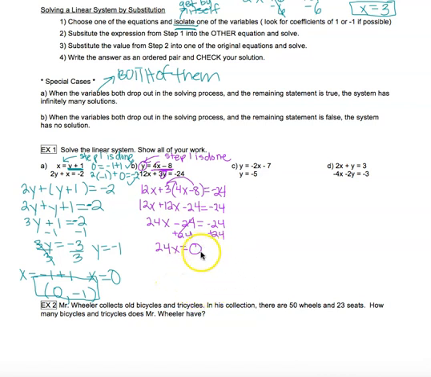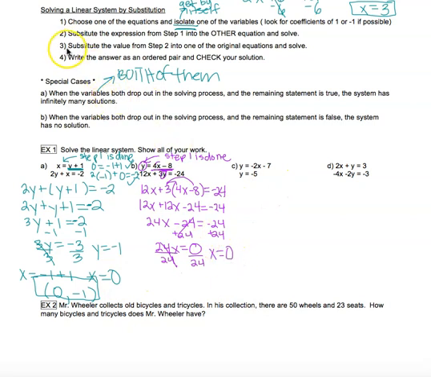This is okay. I always get people that when they get a 0, they think it's one of the special cases. Both my variables didn't drop out. I still have an x here. I can solve for it by dividing by 24. 0 divided by 24 is 0. So x equals 0 again. Trust me, x doesn't always equal 0.